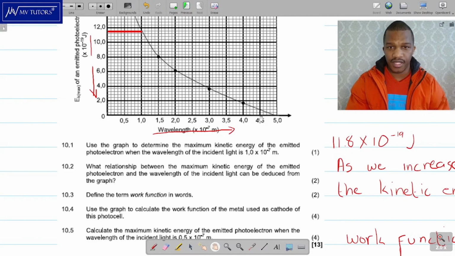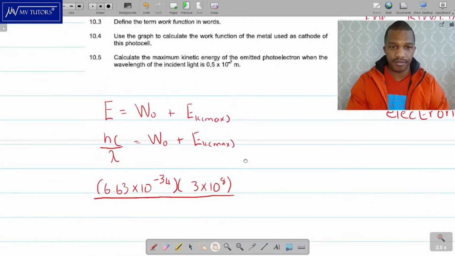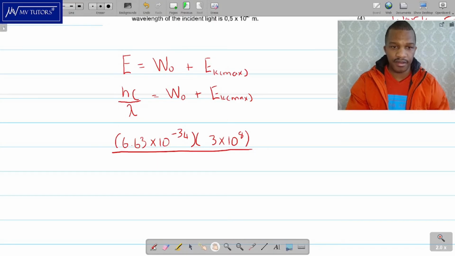That's 4.5 and that's 5, so it's 4.9 times 10 to the power minus 7. That's our wavelength.